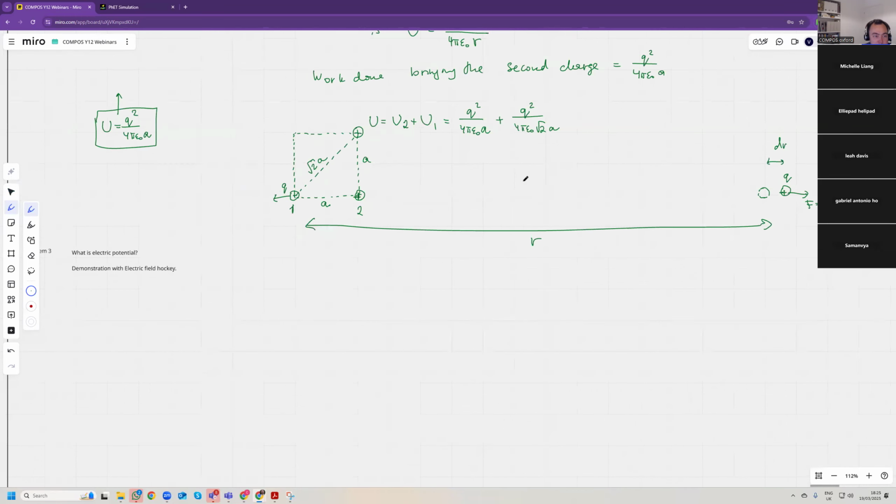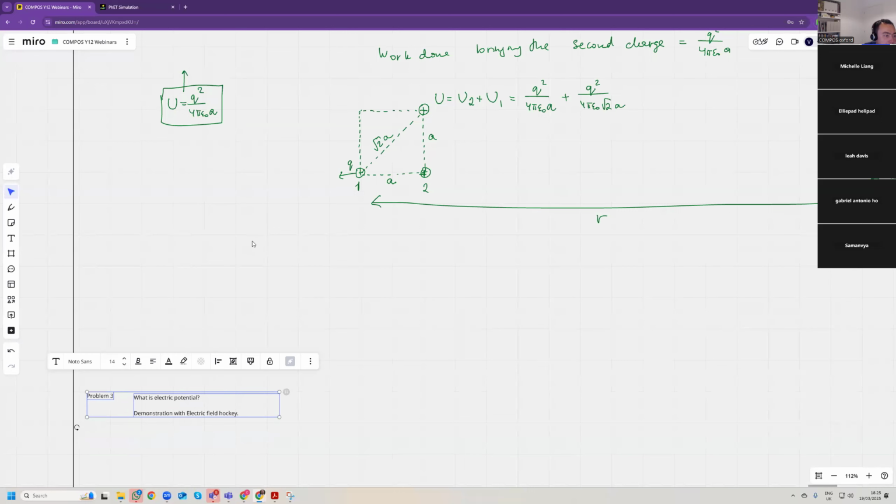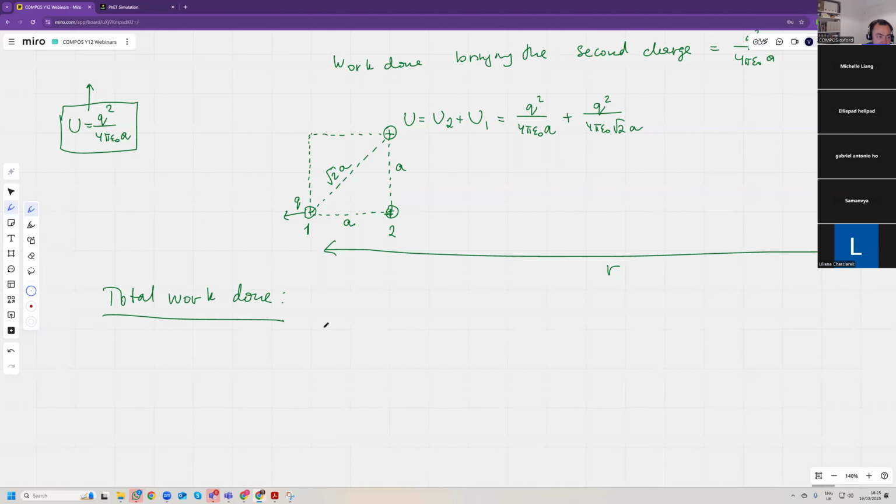So the total work done is the work done moving the second charge into position 2 plus the work done moving the third charge into position 3.